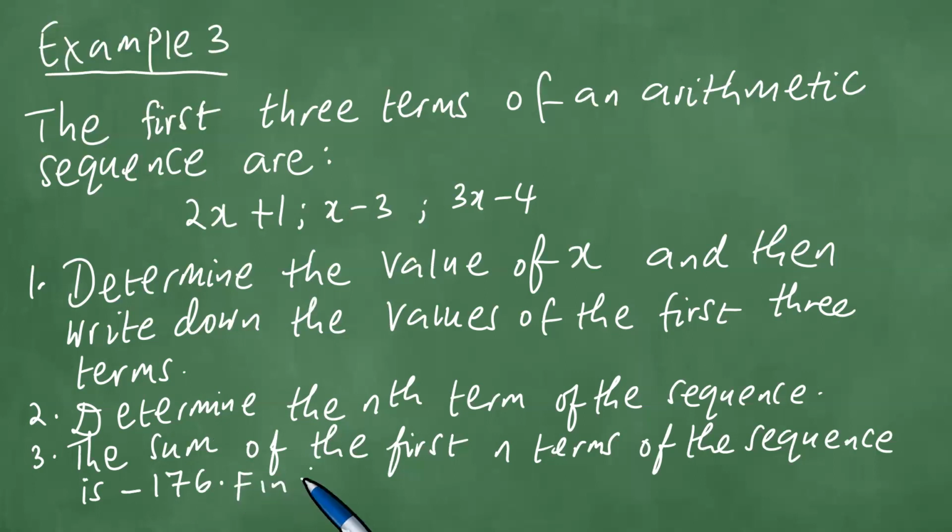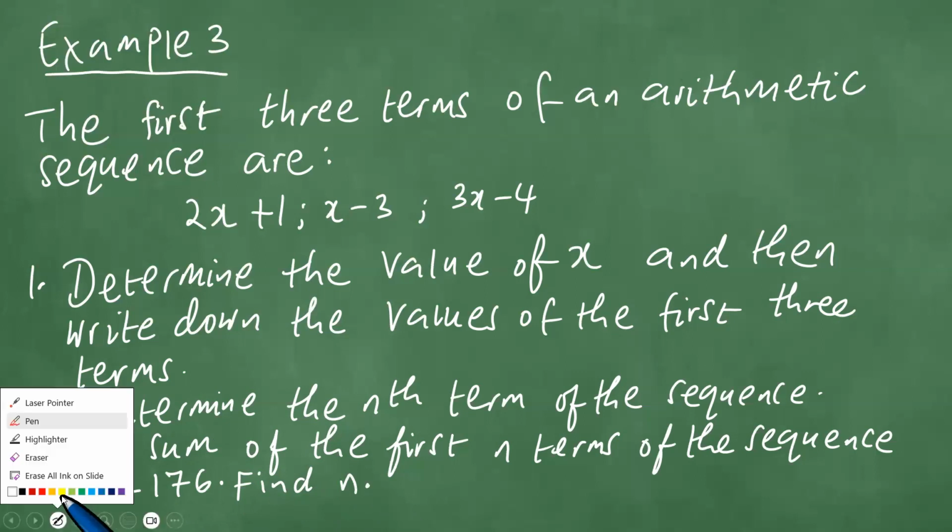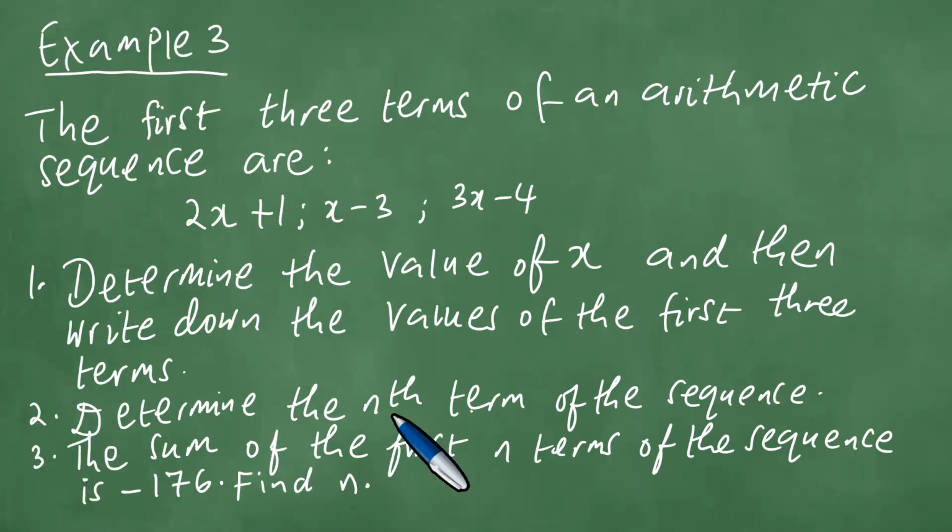Find n. Right, this question is given like this, with marks given, because these are past exams. So this was given 3 marks, and this one was given 2 marks, and number 3 was given 5 marks.